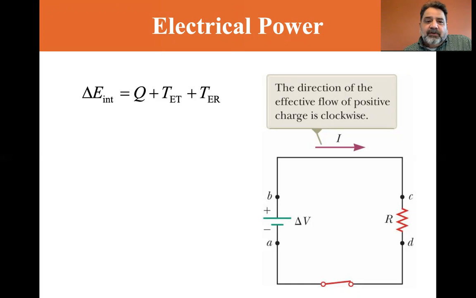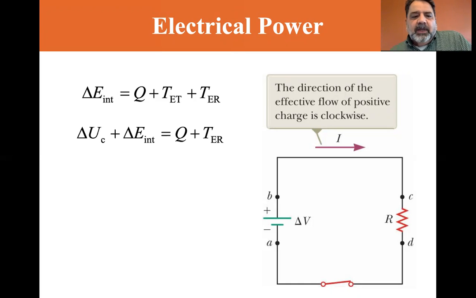That's for the resistor. If you look at the whole system, the chemical potential energy, that's why it's U sub C, comes from the battery. Now, again, this is the whole system. The chemical potential energy plus the internal energy is going to equal the heat and the electromagnetic radiation.